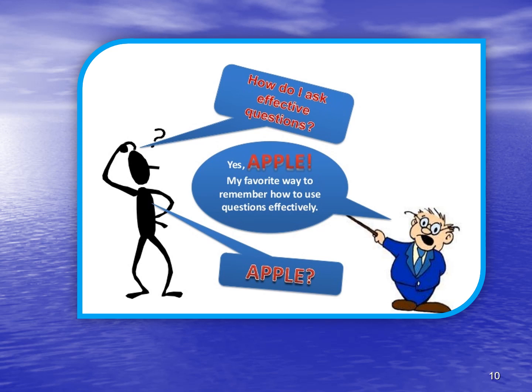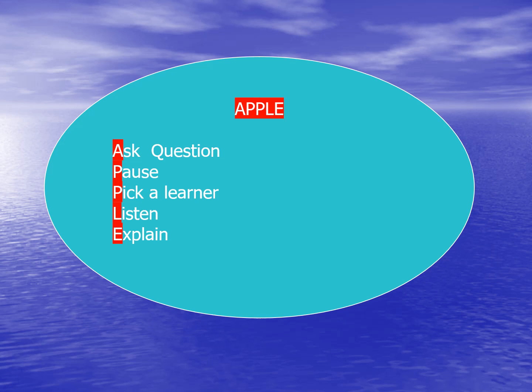My favorite way to remember questioning is APPLE. Apple is an abbreviation: Ask a question, then take a pause, then pick one learner, and listen to what he is saying, and then explain again. So while using the skill of questioning, you have to use this APPLE strategy.